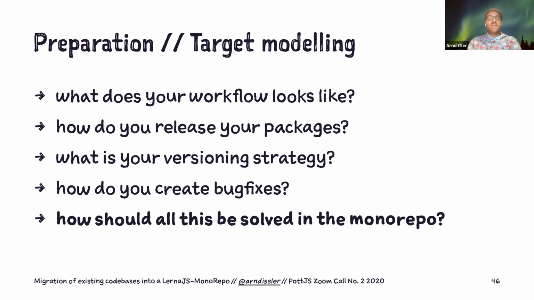How do you create bug fixes? Are you enforced to create bug fixes within a given time frame? And how should all this be covered within the MonoRepo? So you have to talk to every developer in your team and the other teams, go around and just listen.